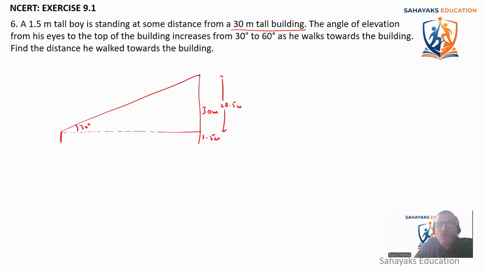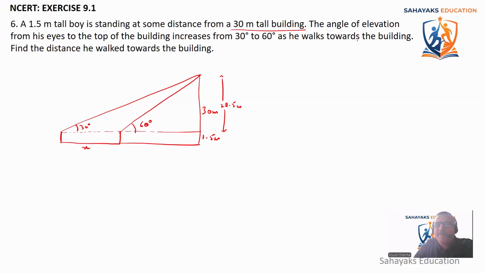Now this boy walks towards the building, and he comes here. He traveled some distance X towards the building. And now when he looks at the top, the angle of elevation comes out to be 60 degree.